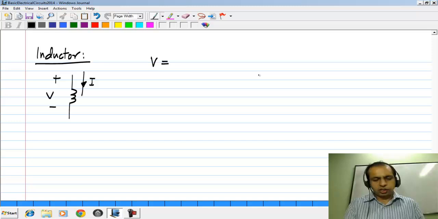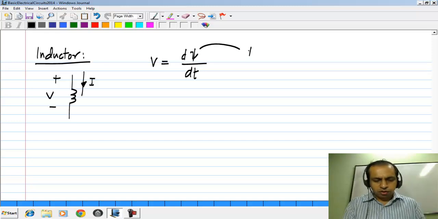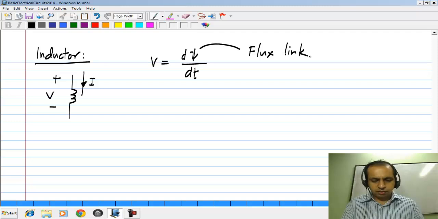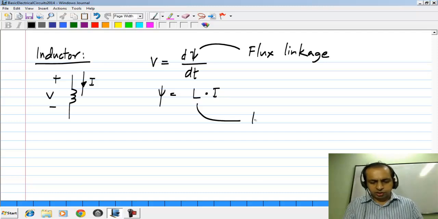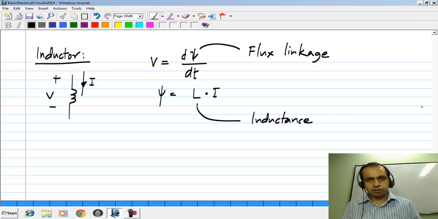the voltage across an inductor is related to the flux linkage stored in the inductor. Okay. It's given by this relationship where this psi is the flux linkage, and psi itself is proportional to I through a proportionality constant which is known as the inductance.